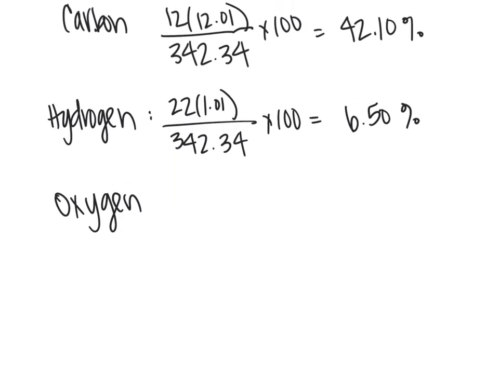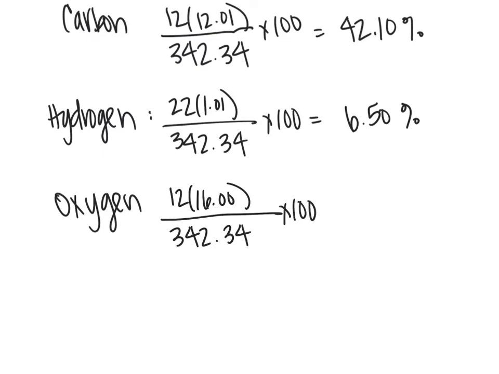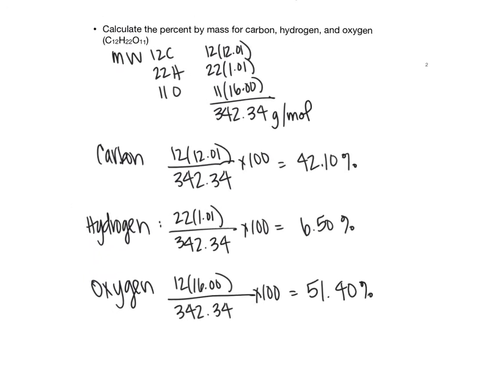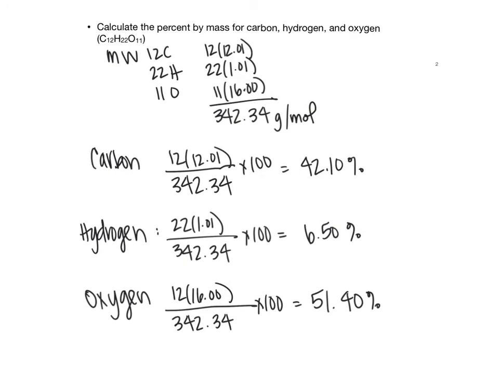Or we could do the calculation again. 12 times 16.00 divided by 342.34 multiplied by 100, and that gives you 51.40%. So we can calculate the percent by mass for any compound provided we have the molecular formula.